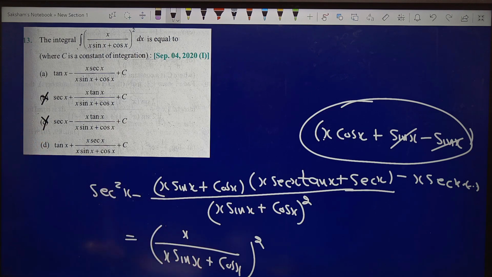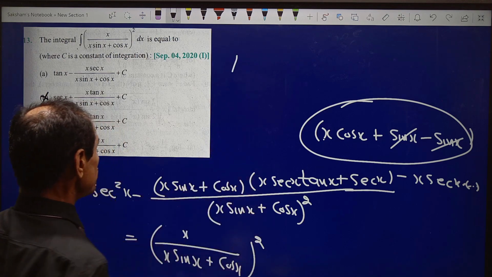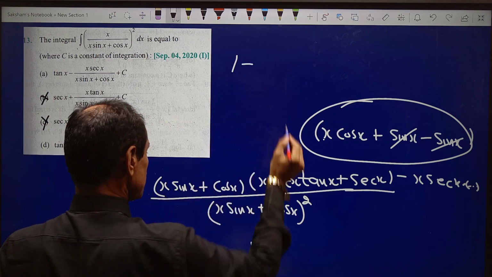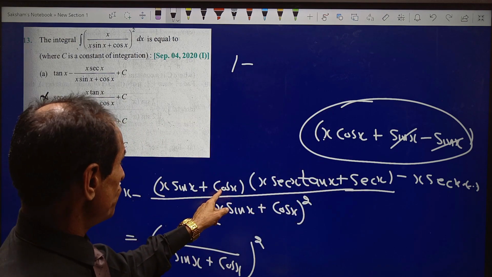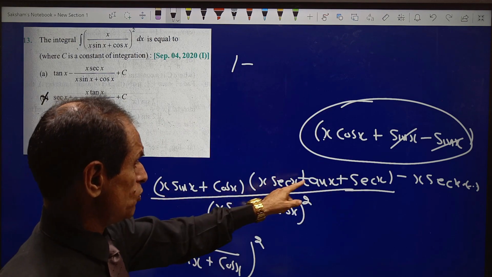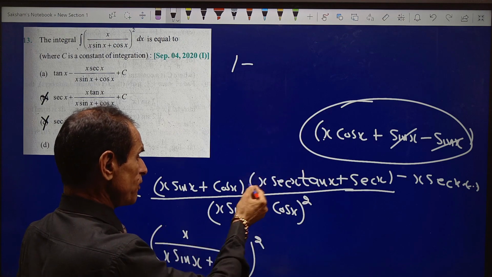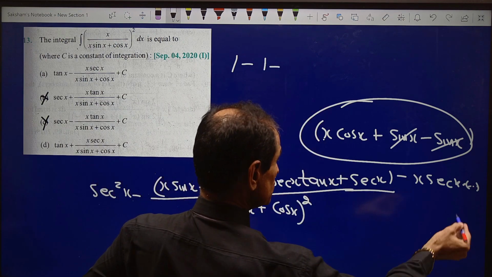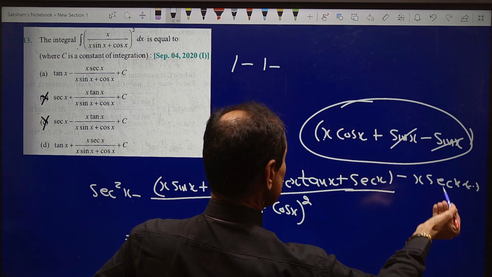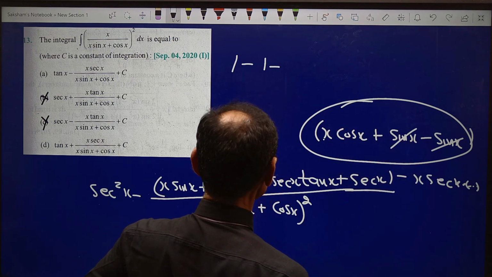Left hand side will be, here I will be getting 1 minus this whole will become 1, because this is 0, this is 0. Cos 0 into sec 0, that will be 1 into 1, 1 minus this into this will also be 0 for x equal to 0.